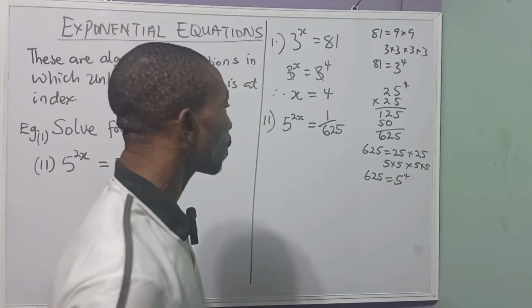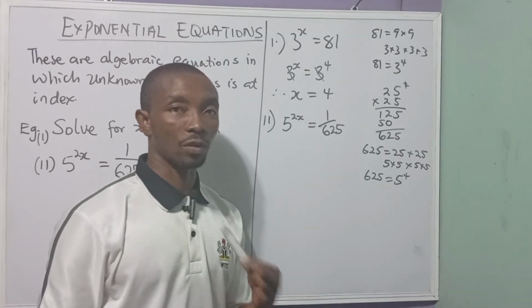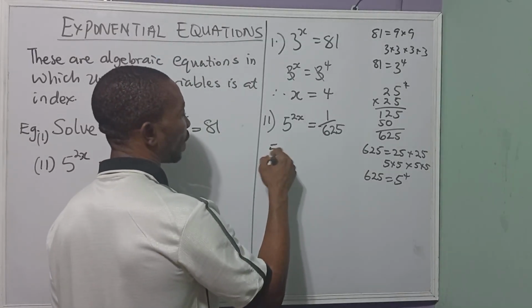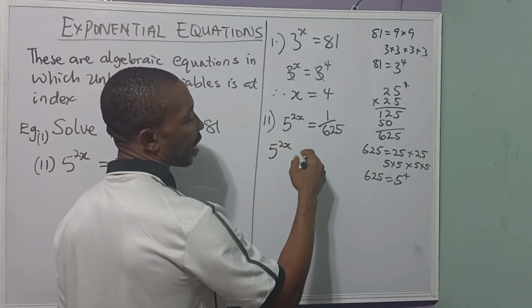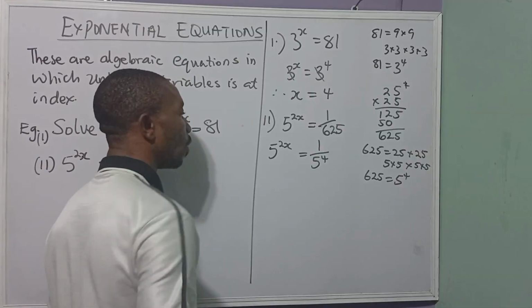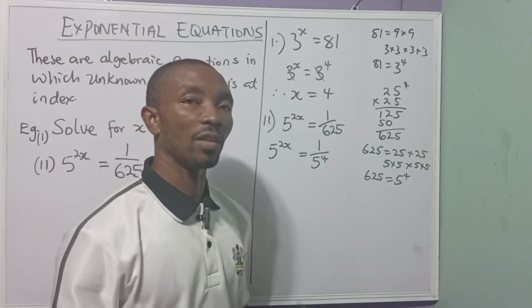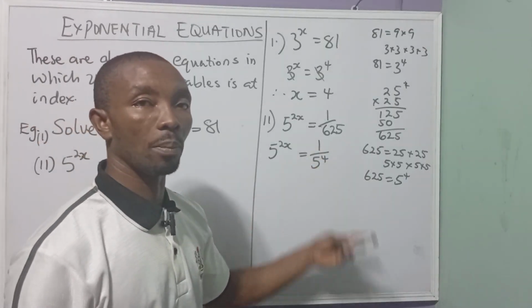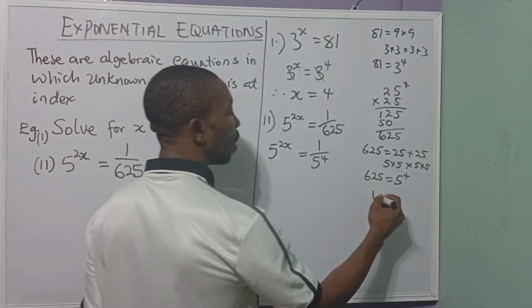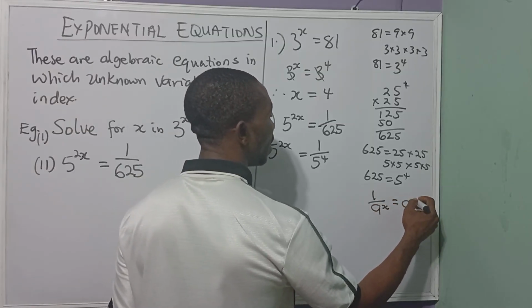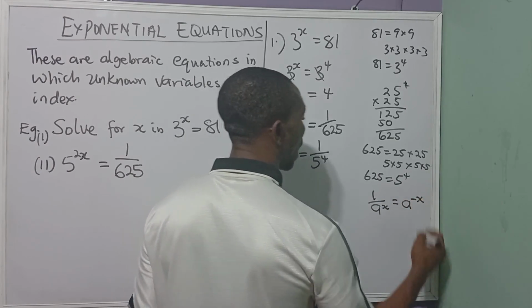Now, if 625 equals 5 raised to 4, we can rewrite this as 5 raised to 2x equals 1 over 5 raised to 4. In our laws of indices, when we have 1 over a^x, this can be rewritten as a raised to minus x.